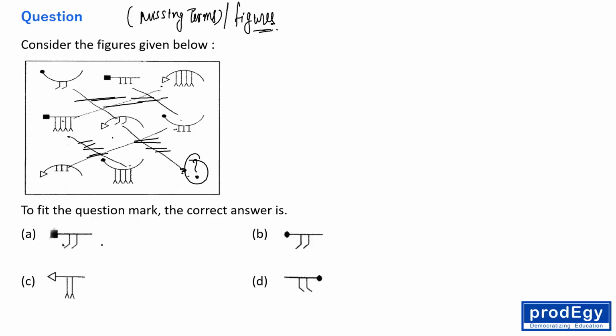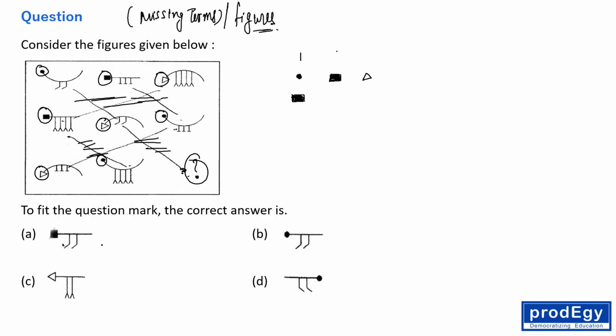Here the tip of every diagram will give you the clue. So here this is dot, this is circular, square, black square, right? And this is triangle.